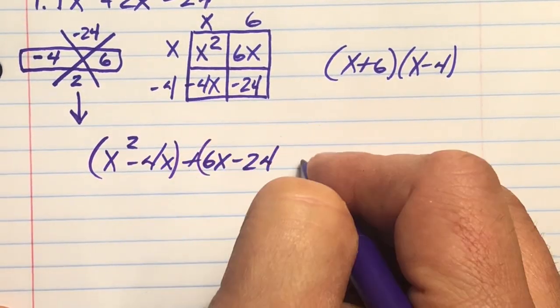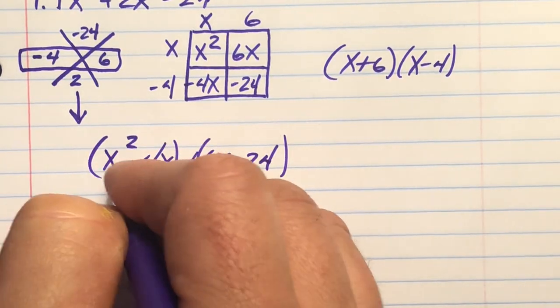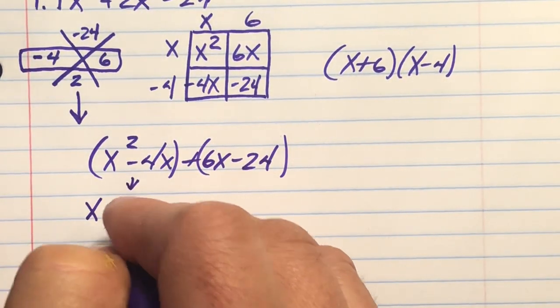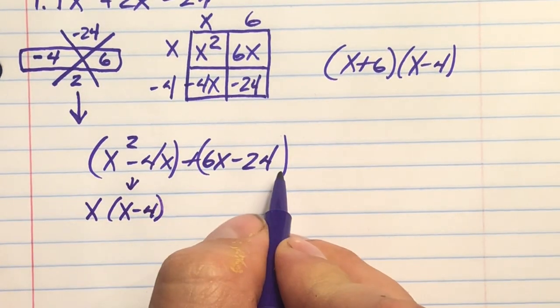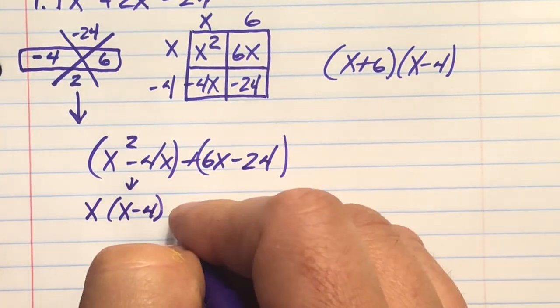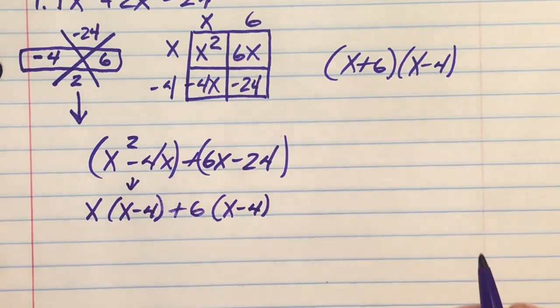And then for the grouping, I group those two binomials and pull out the GCF. They both have a GCF of x. X minus 4 is left over. Now remember, if I do this correctly, when I pull out a GCF, I should be left over with x minus 4. 6, and it does work.